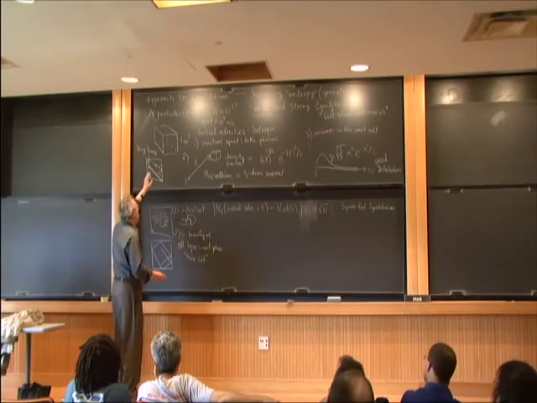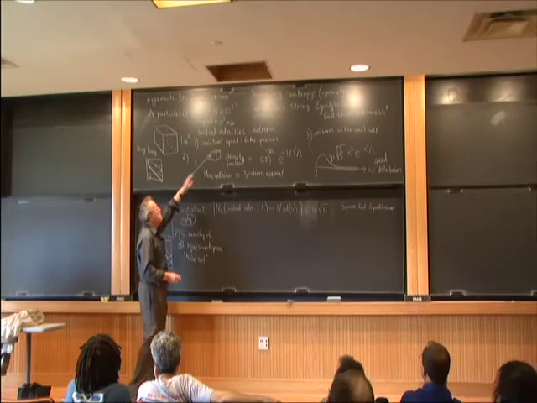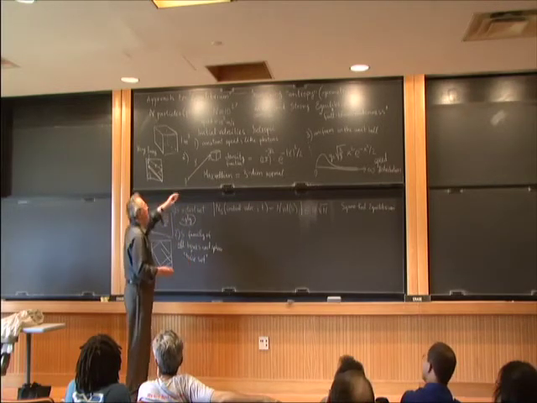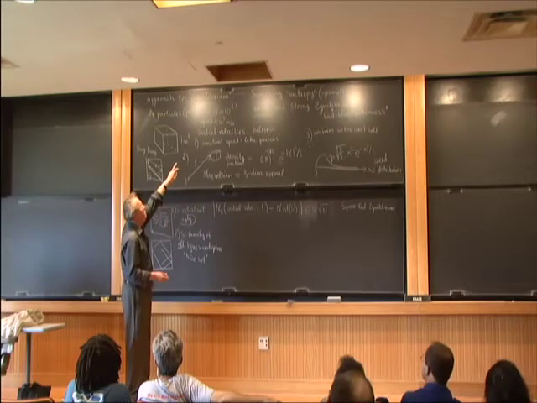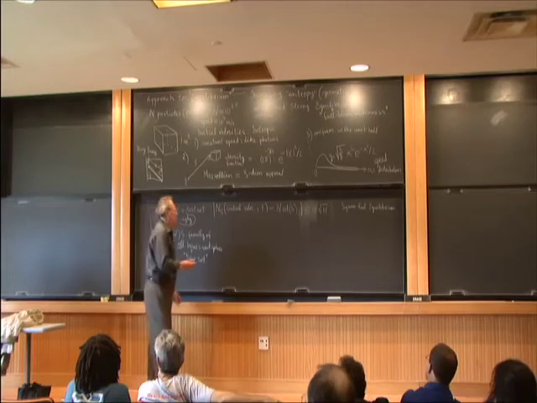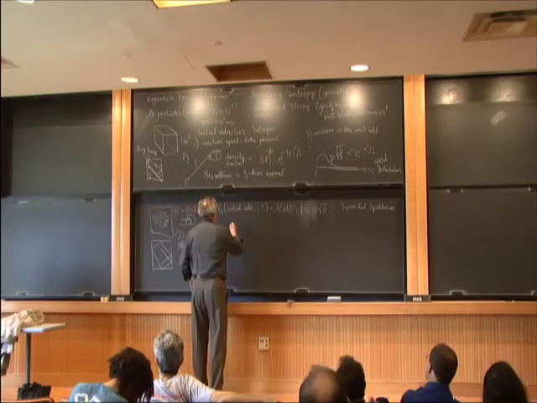In the constant speed case, like photons, it takes about the square root of capital N bounces.